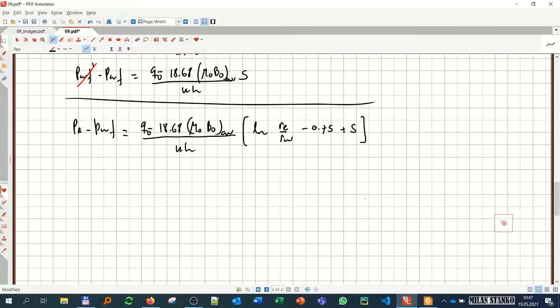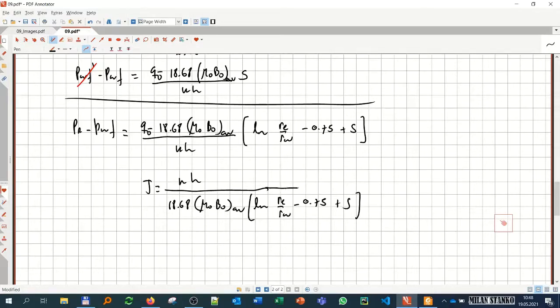With this we can define a new J, a new productivity index: KH divided by 18.68 mu BO at average times ln RE over RW minus 0.75 plus S. And as simple as that, we have found a way.